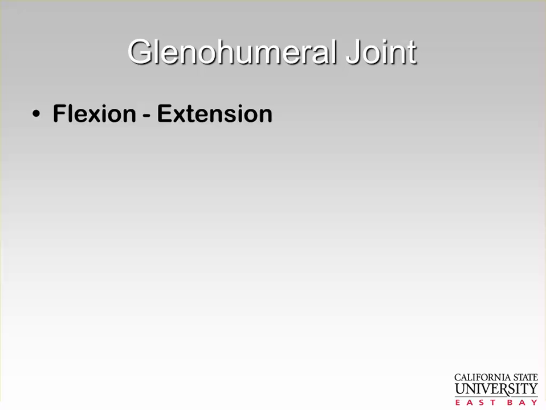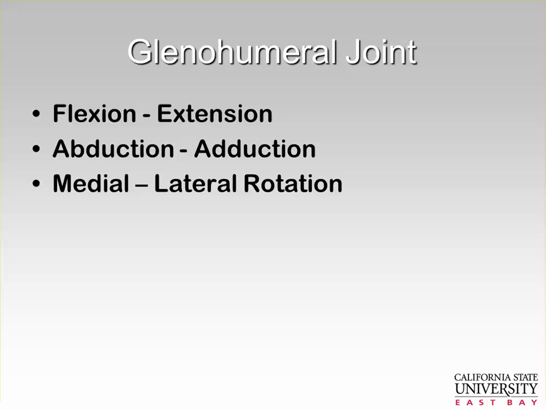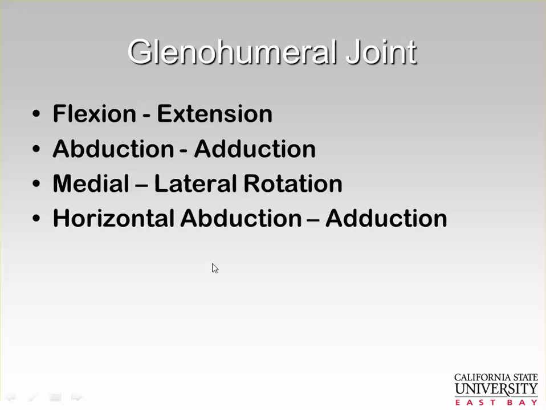So if you're talking about the gross motor movements at this, quote, shoulder joint, being flexion extension, abduction adduction, and medial and lateral rotation, it's better to refer to it as the glenohumeral joint so people don't get confused.